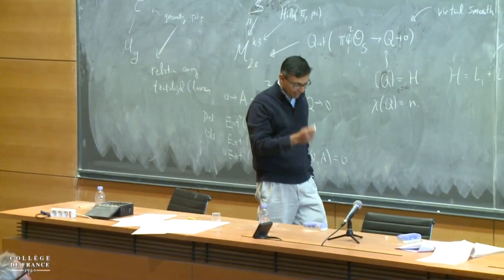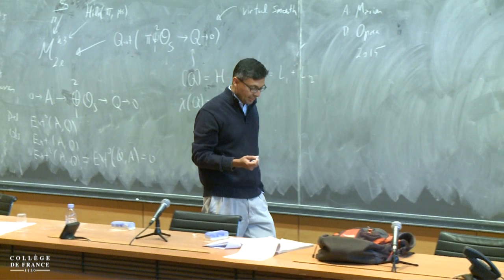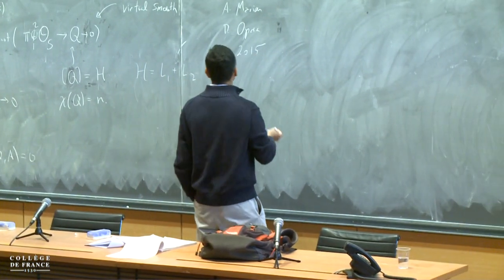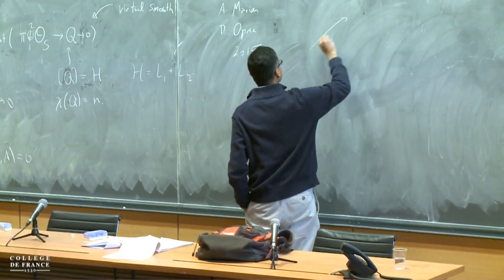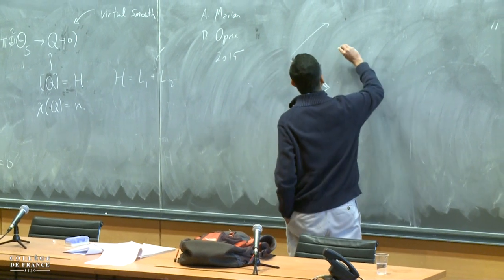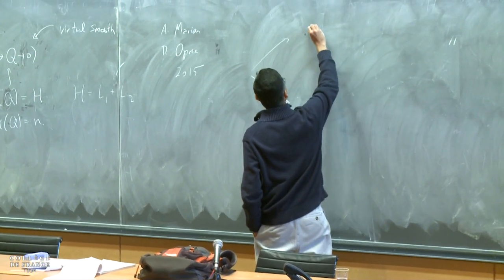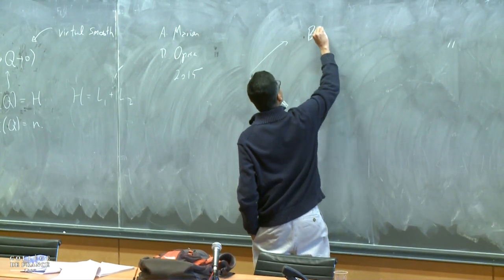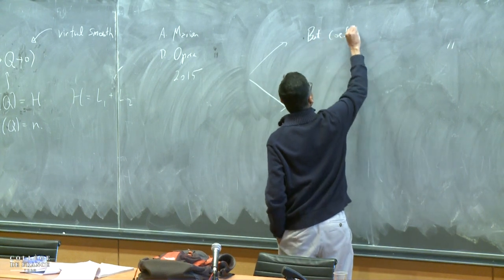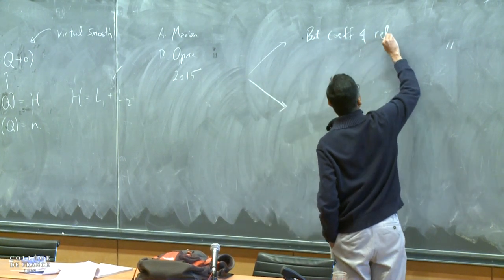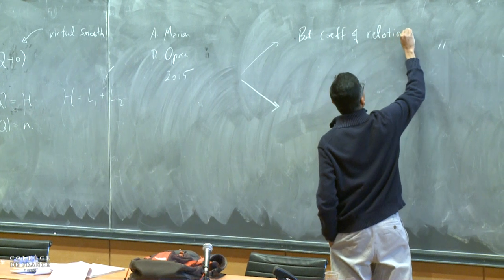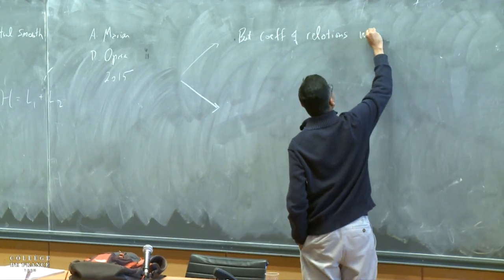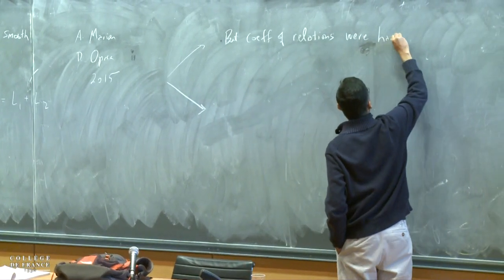But nevertheless, you can calculate them on a computer, and the outcome leads to certain predictions. So I'll explain. There are actually two outcomes. The first outcome is that you can calculate these, but the coefficients were hard to compute.